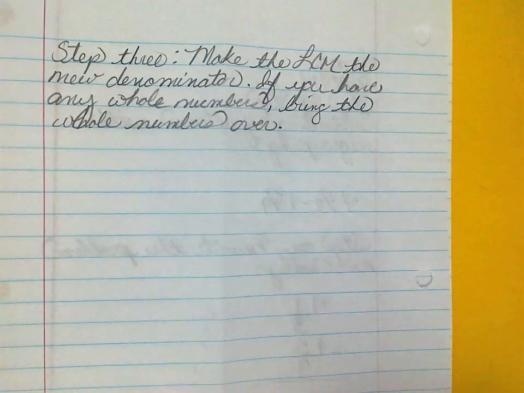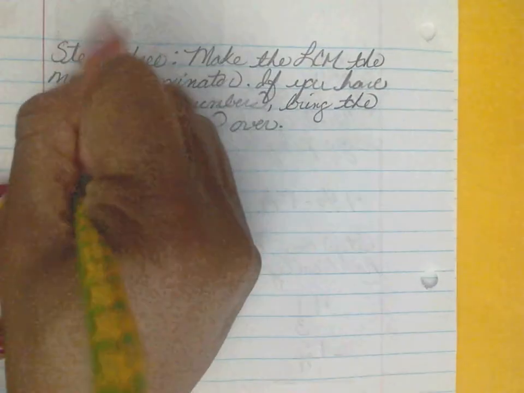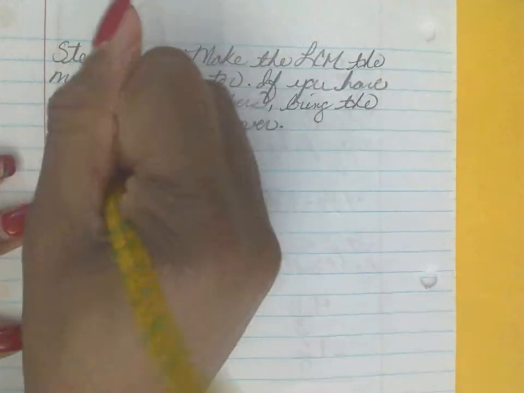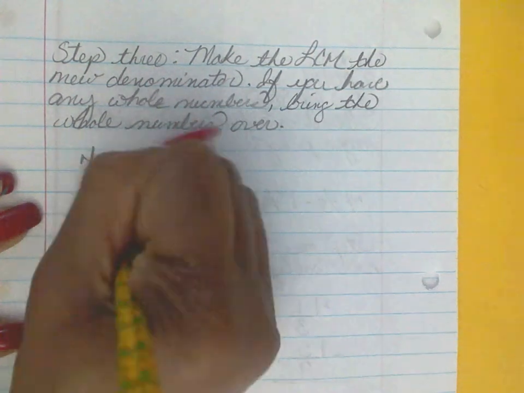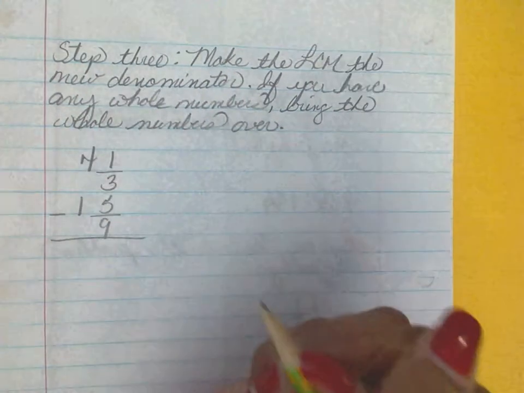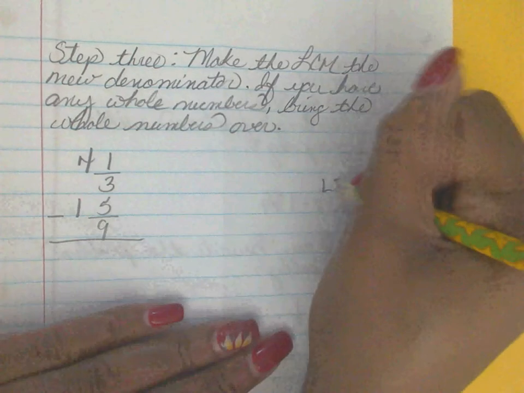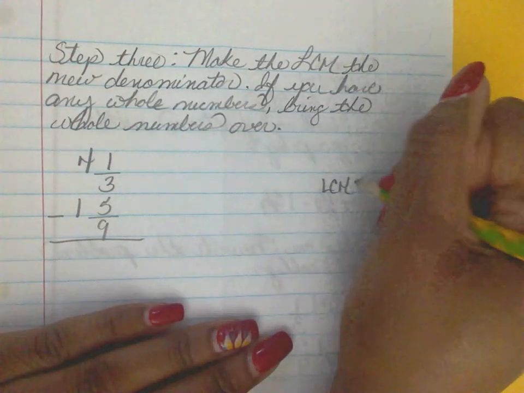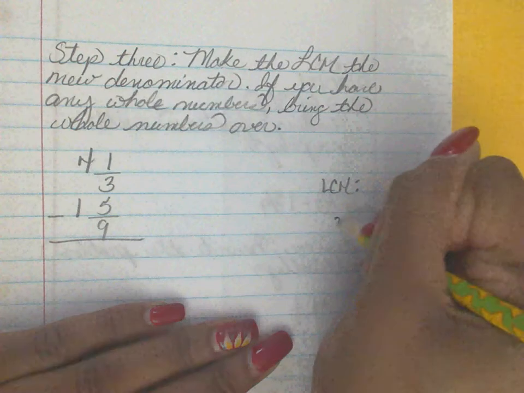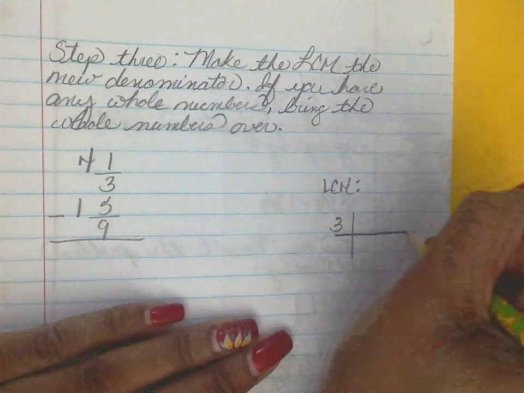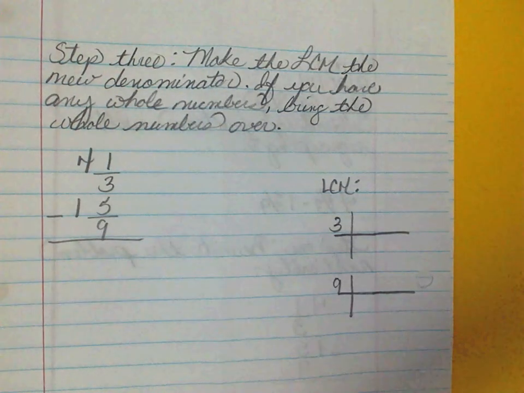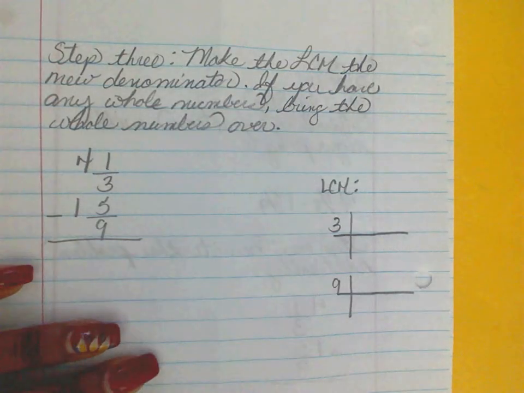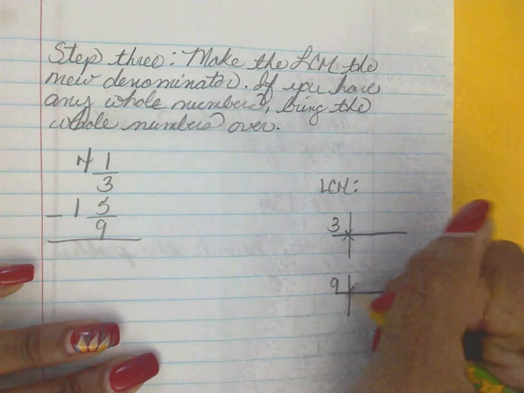Start with step 1. What is it? Yes, you stack your numbers vertically. You put your fractions vertically. Step 2, find that LCM. Don't skip any steps. Make sure you're going through the steps, because sometimes when you do stuff, muscle memory, we're trying to build that brain to keep in our long-term memory. So it becomes natural for us.